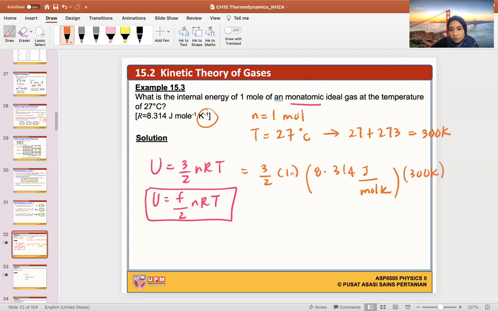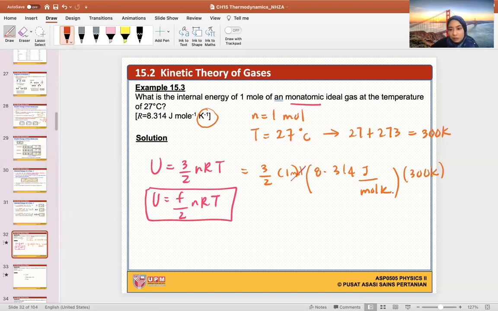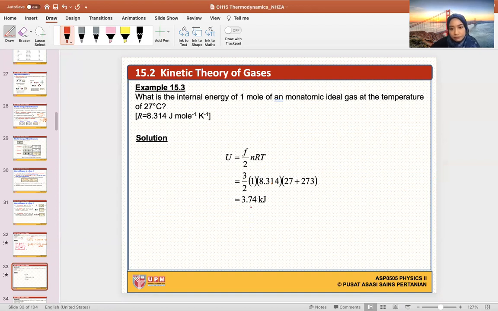This is in moles, so we can cross out the mole and the K. We are left with joules. So internal energy is in joules. 3 over 2 times 8.314 times 300 should be 3.74 kilojoules, or 3.74 times 10 to the 3 joules, or 3740 joules.